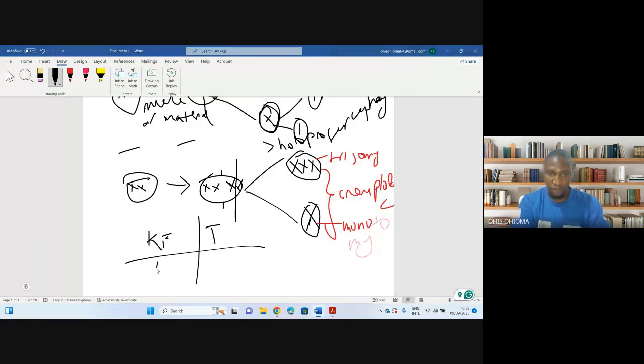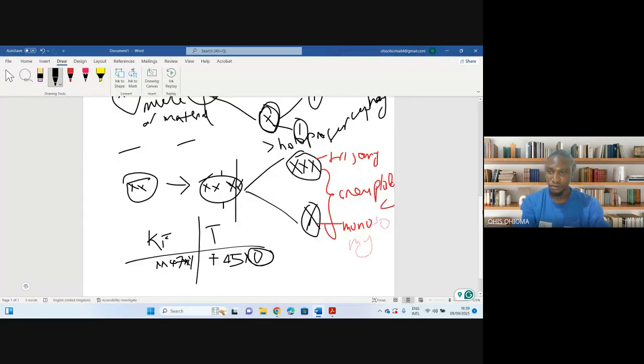This one affects males, and it's as a result of a non-disjunction. So the chromosome is 47XXY. And this one is just a monosomy, a female with 45XO. So one of the chromosomes is missing.